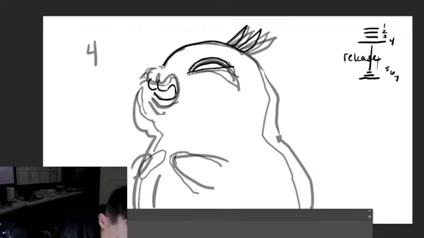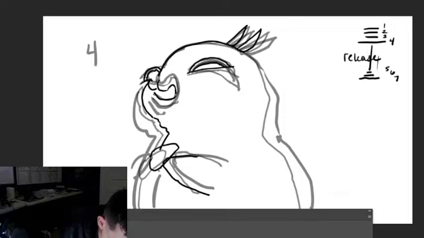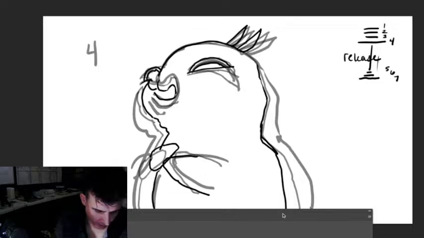I think the head stays the same. I think you can see this more. Okay, that's 2, I think. I don't know if I can really do much more than this.